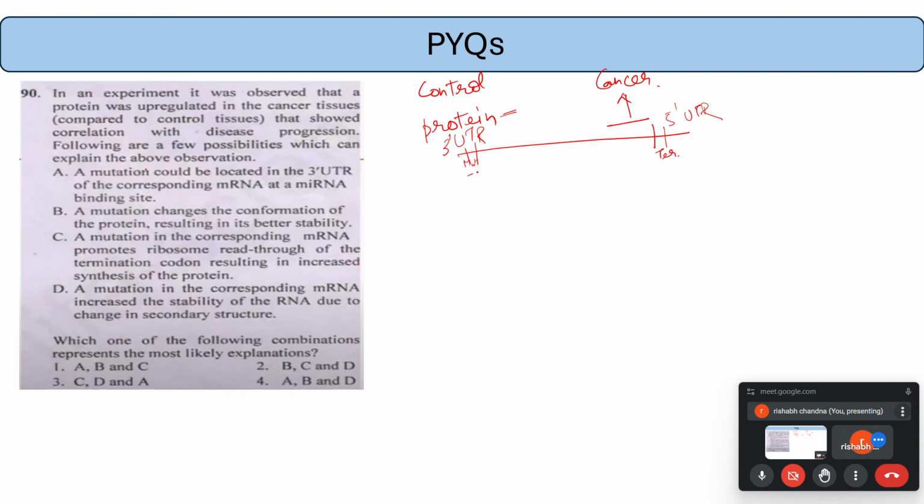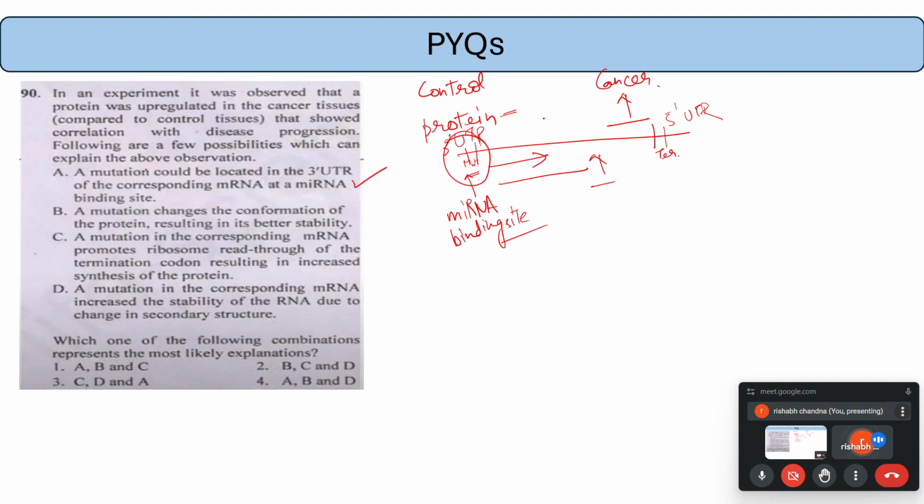Here it is mutated, so it leads to a mutation in the microRNA binding site. What this means is that the microRNA cannot bind to this particular site, and hence it will not be able to regulate the protein synthesis. So this protein is forming in large quantities in the cancer tissue, not in the control. Okay. So yes, this can be a possibility. So the first option is correct.